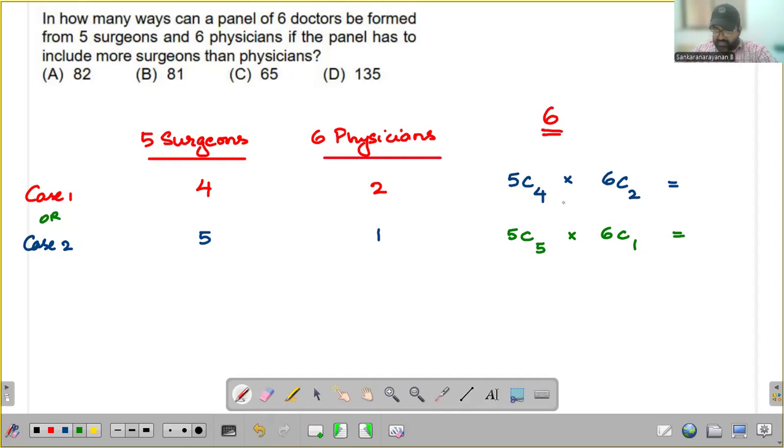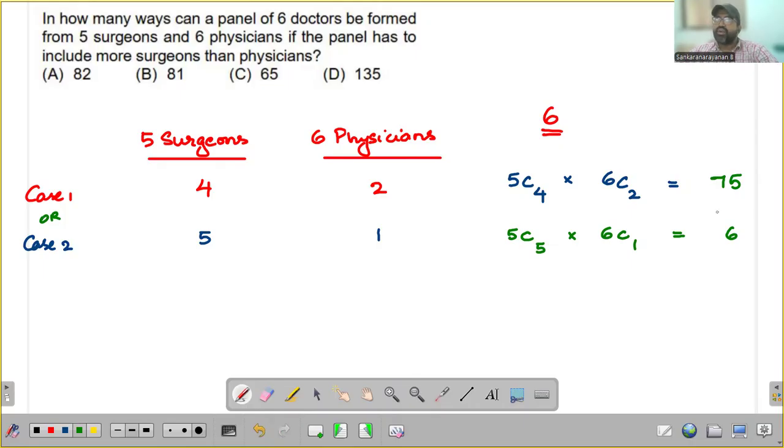Now, the number of ways case 1 can be considered, that is 5C4 into 6C2. When you do, you can see the number will come as 75. 5C5 into 6C1 when you do, 5C5 is 1, 6C1 is 6. So the number of ways case 2 can be considered is equal to 6.